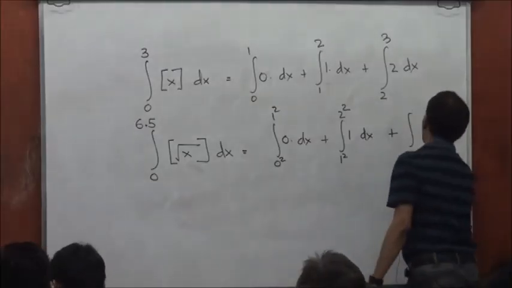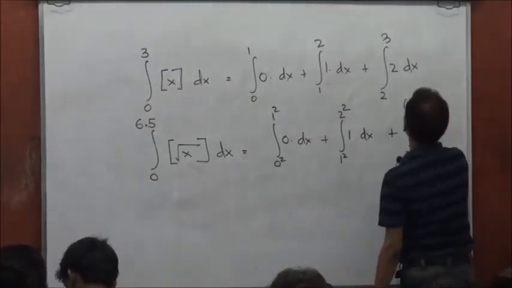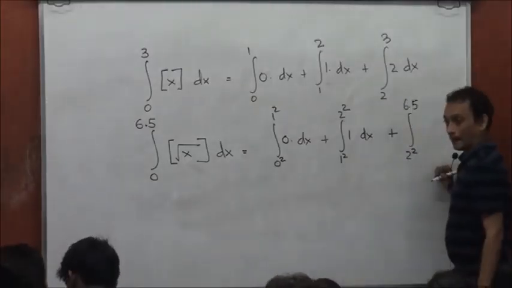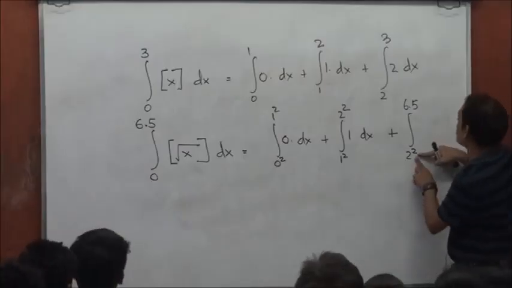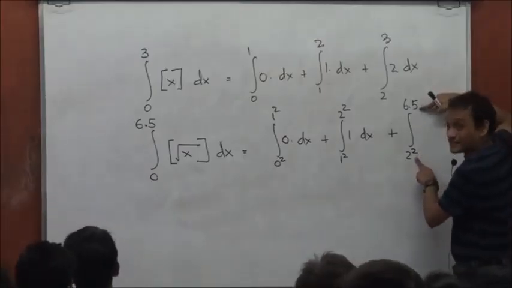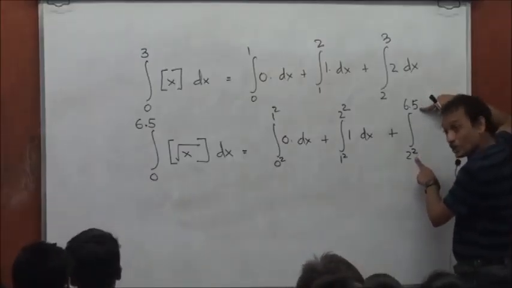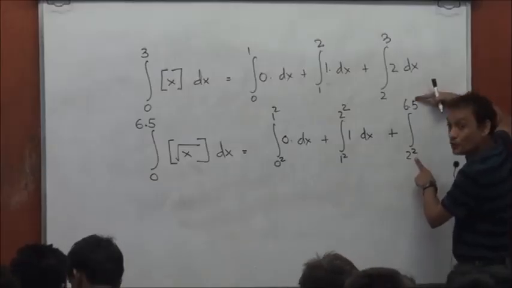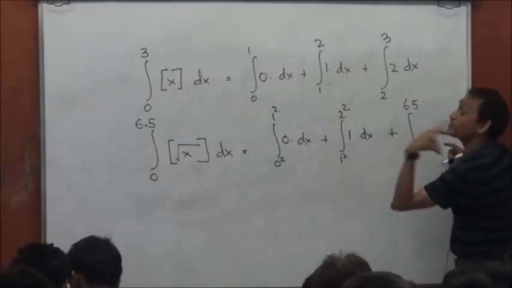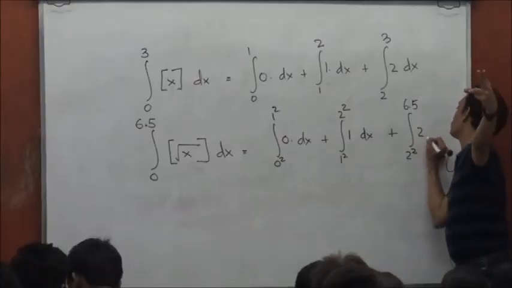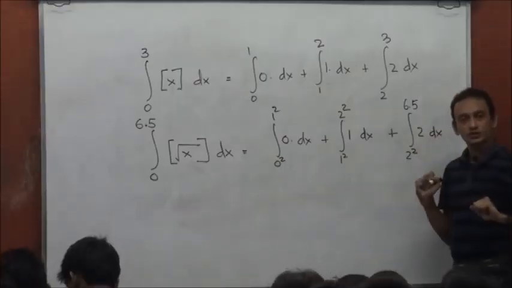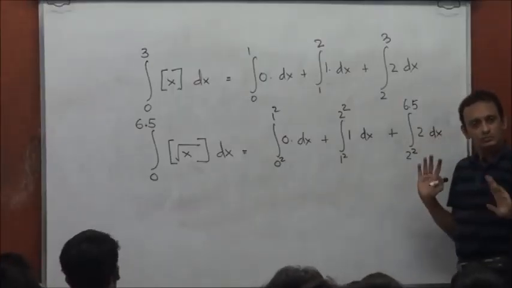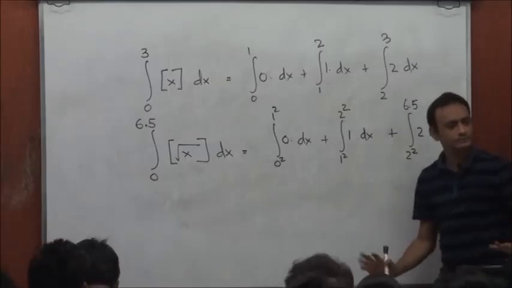Now, x changes from 2 squared to 6.5. When x runs from 2 squared, this is less than 3 squared. Yes or no? Root x runs from 2 to 3. Floor of root x will then be 2. Simple, right? All of you got it?